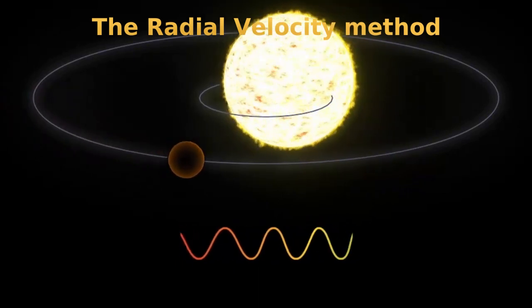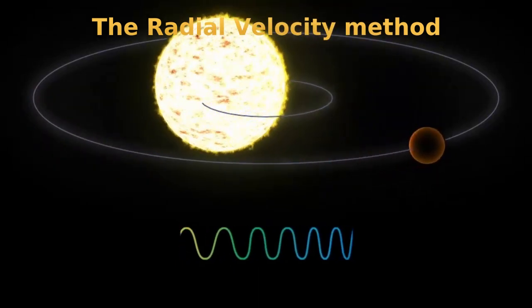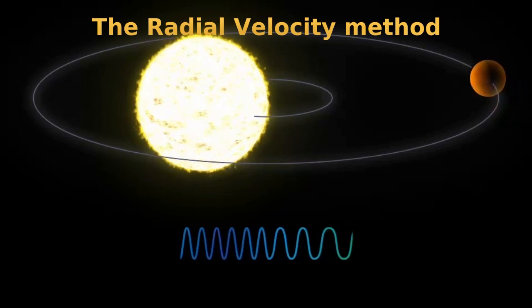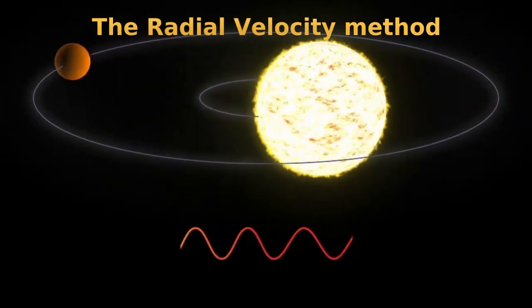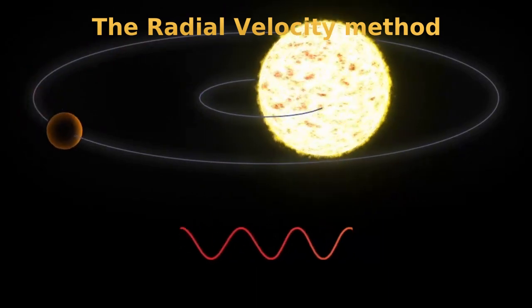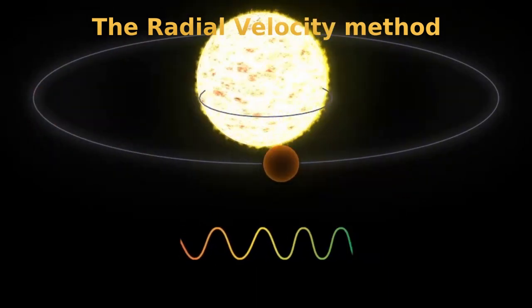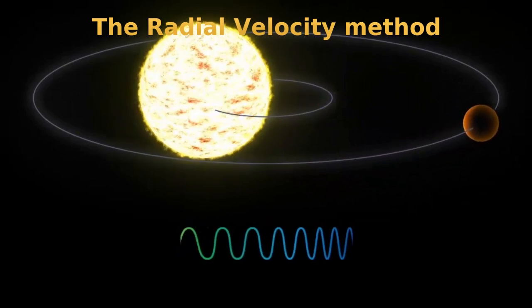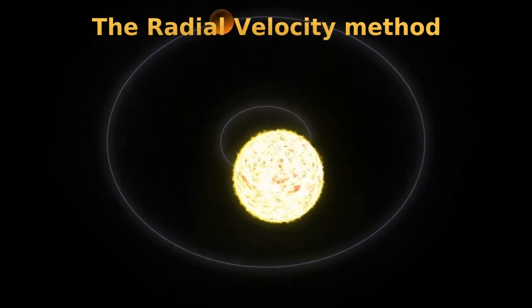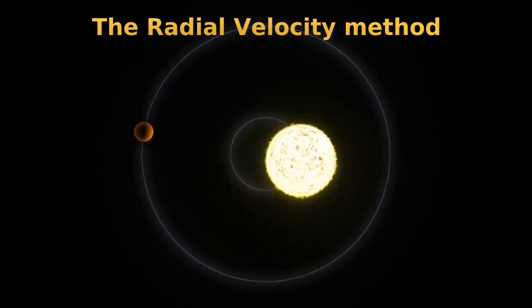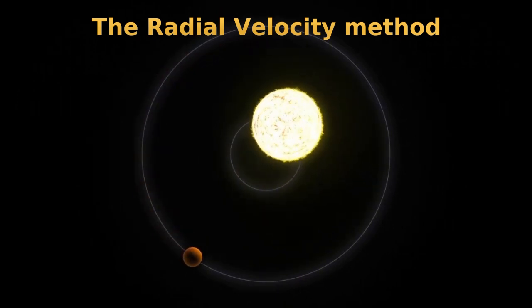This is done by measuring the Doppler shift of the spectral lines as the star travels around the center of mass. When the spectrum is redshifted, the light waves reaching us appear stretched, which means that the star is moving away from us. Conversely, when the spectrum is blueshifted, the light waves reaching us are more compressed, thus showing that the star is moving toward us.